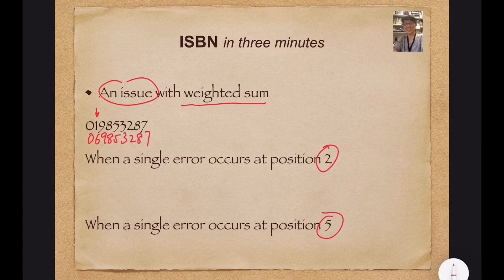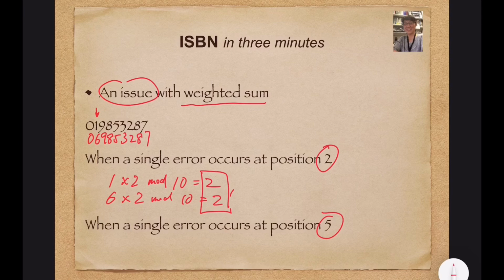Because of weighted sum, we would calculate at position 2 as 1 times 2, mod 10. That makes 2. It turned out 6 times 2, mod 10, is the same, which means we can't identify a mistake between 1 and 6 at position 2.